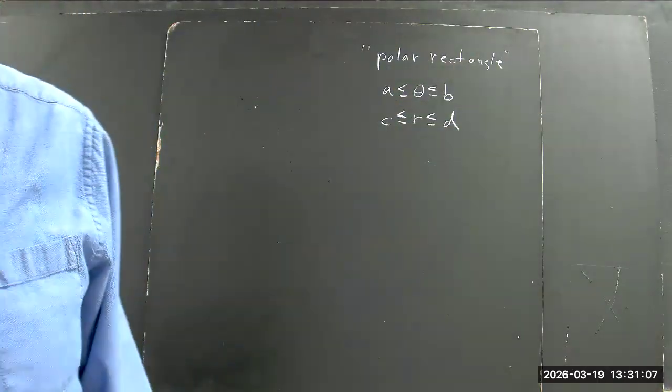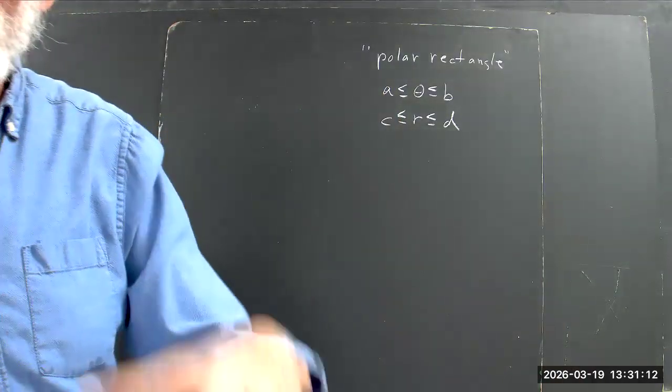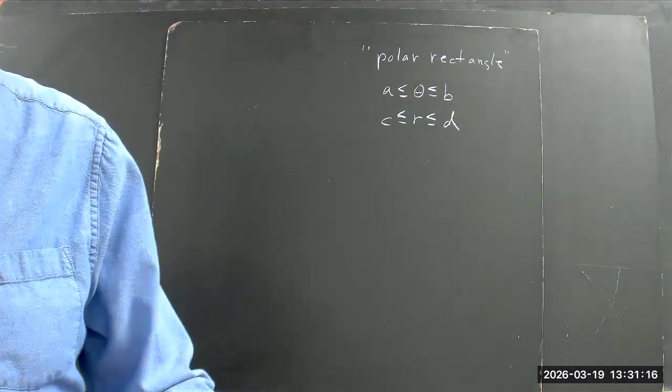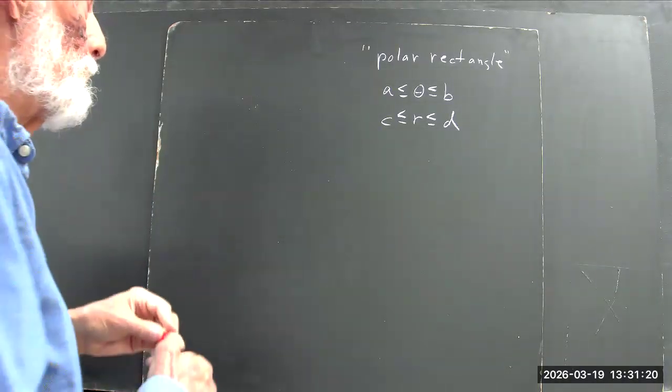You just plain old rectangle. In polar coordinates, this doesn't give you what we see in 2 dimensions as a rectangle in the Cartesian plane. It gives you a section of a triangle.